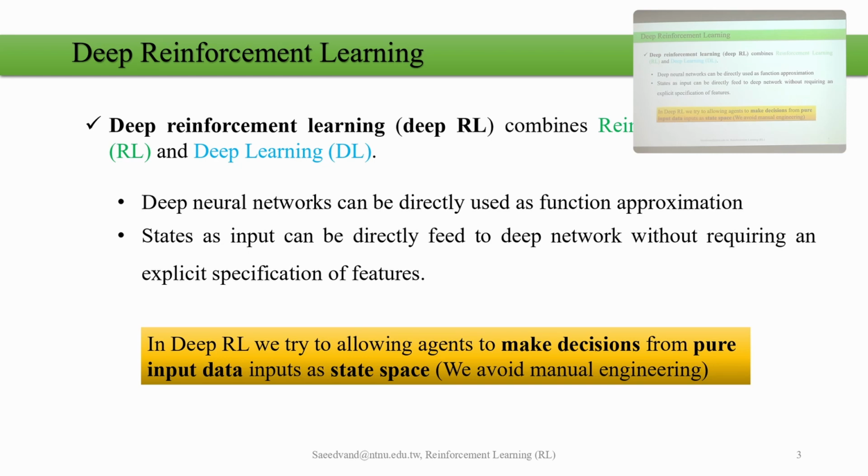So our agent will try things as we did in Q-learning, and the state space and actions that the agent can take come as input for our network to make decisions.